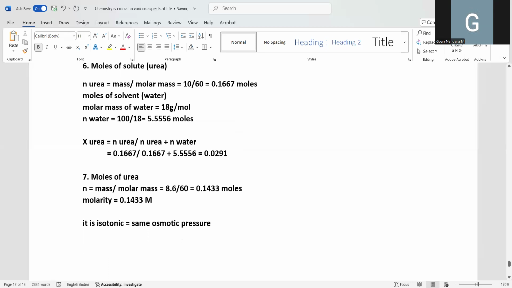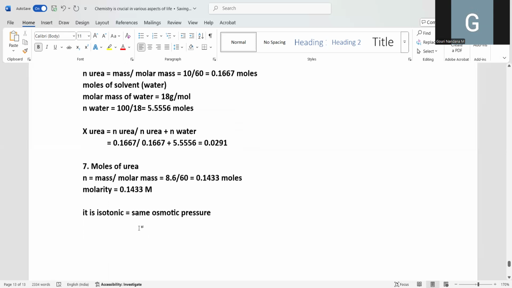Next we need to calculate the molarity of the non-volatile solute. We calculated the molarity of urea. Now we need to calculate the molarity of the non-volatile solute.